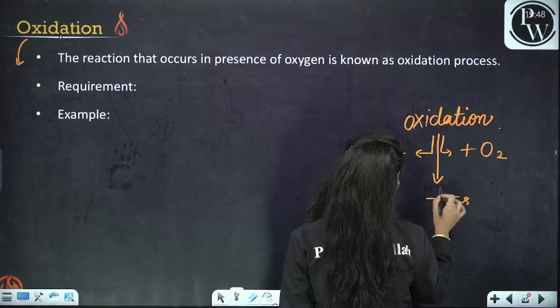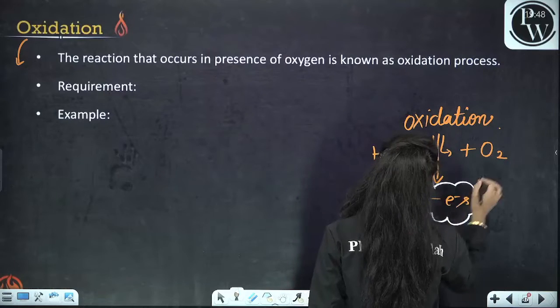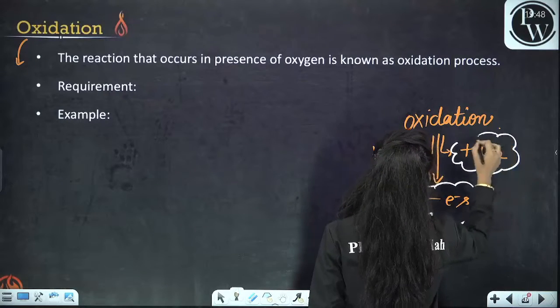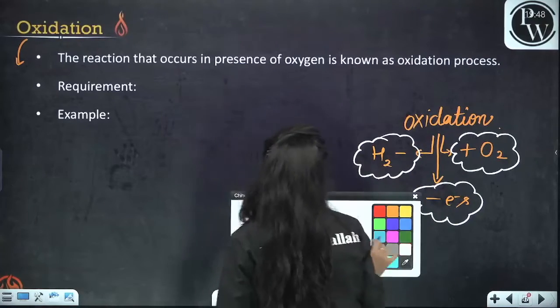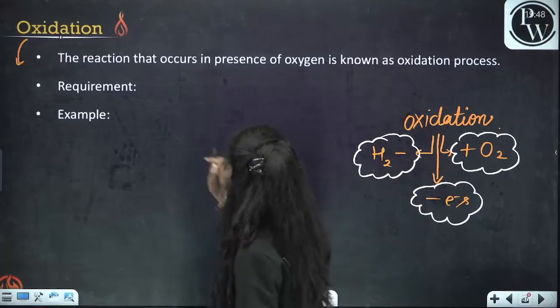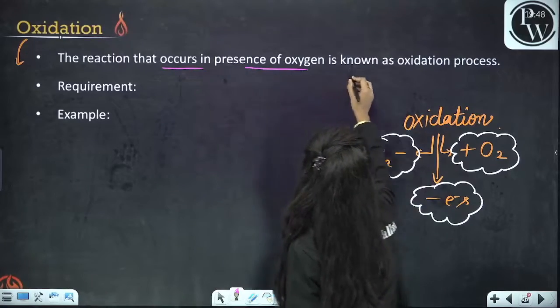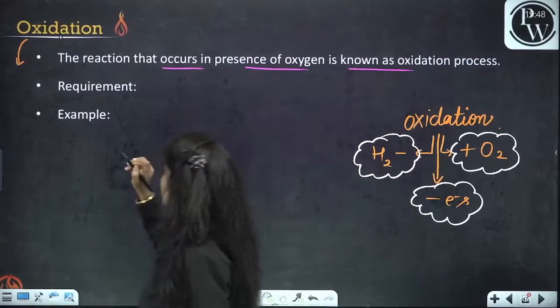This is the shortest definition I can write for you. Plus means addition, minus means elimination or removal. Done. So basically oxidation is the reaction that occurs in the presence of oxygen, known as the oxidation process.